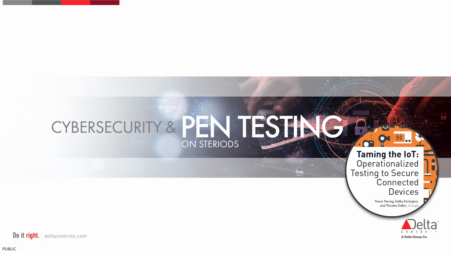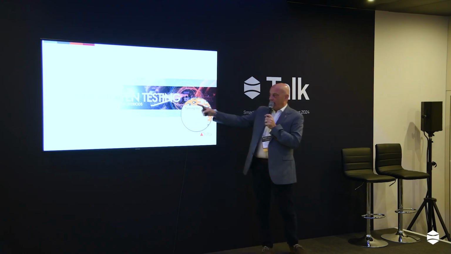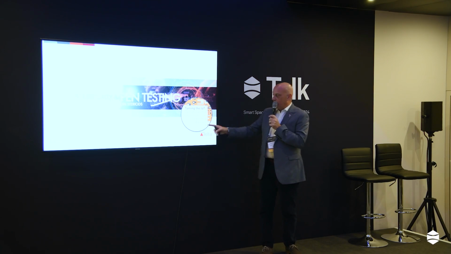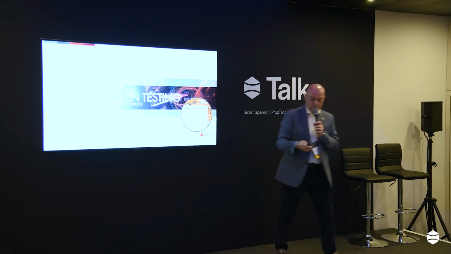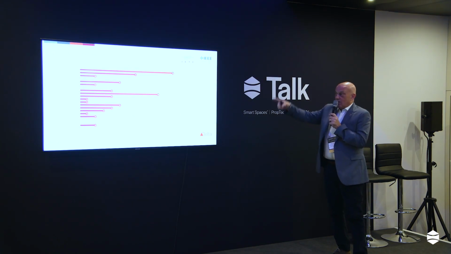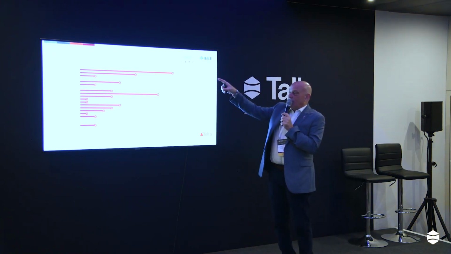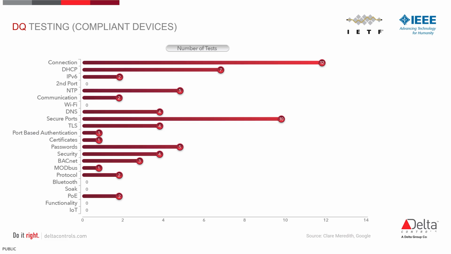We talk about cybersecurity and pen testing. Pen testing is penetration testing, well known in the IT world, and it came out of this book that was written by three people who work for Google. That's where it started about 10 years ago now. These aren't the detail of the tests, but these are the names of the test groups that they do.